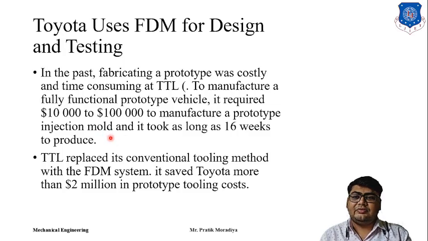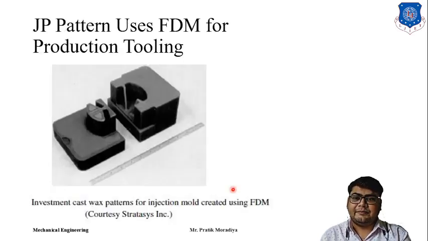This prototype of the injection mold took 16 weeks to produce, whereas with FDM they produced it in very little time, in only 2 days, and it potentially saved about 2 million in prototype tooling by using FDM. If they moved from conventional to FDM, they saved around 2 million rupees in just prototype tooling cost. So here also the use of FDM has proven beneficial for Toyota.